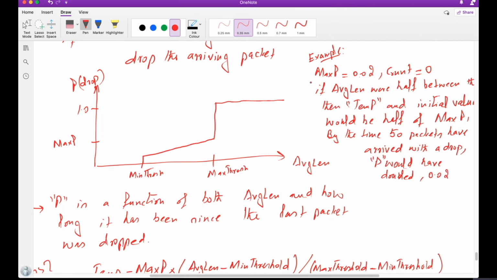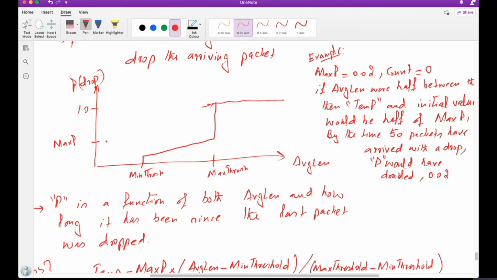Now, in the very unlikely event that 99 packets arrive without a loss, P reaches 1, right? So if we assume there has been no packet drop, this means now P is at 1. This means every next packet will be dropped from the queue.